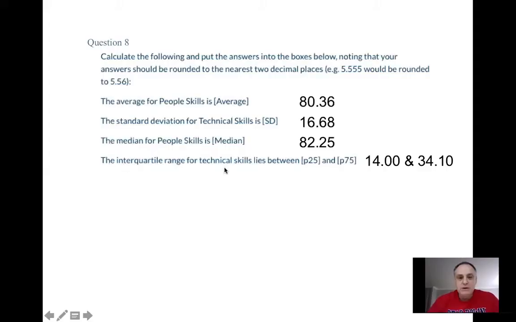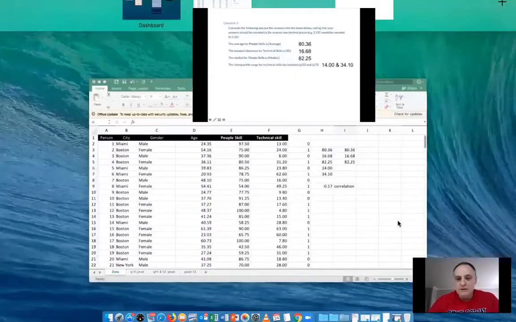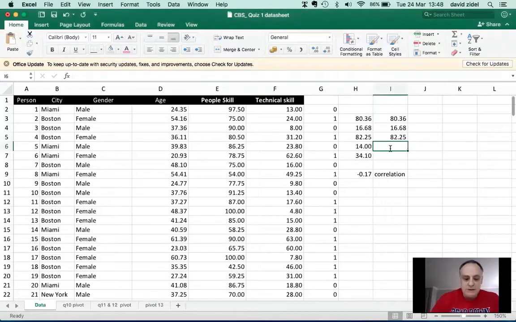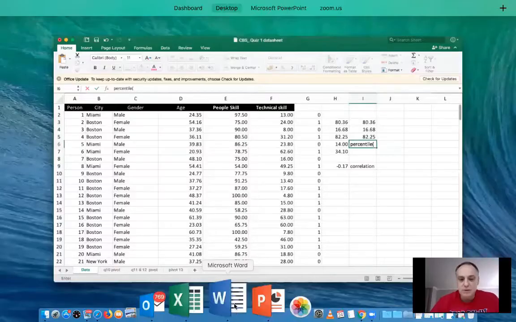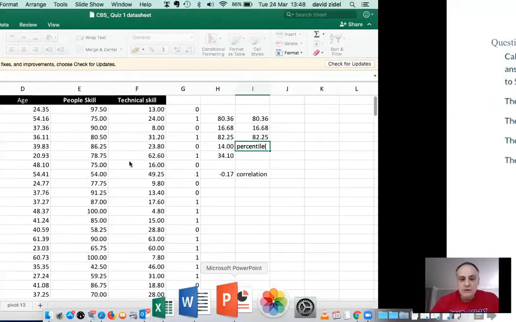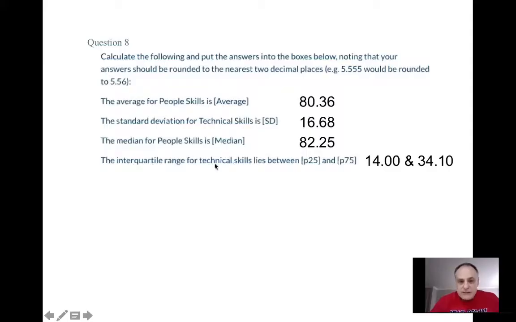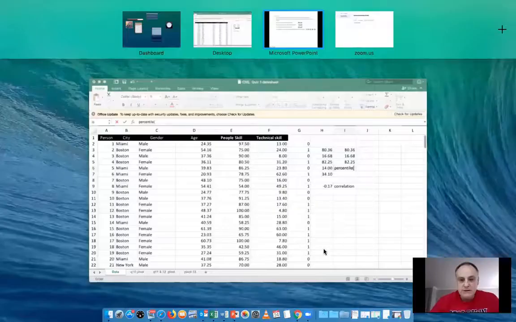Next one, the interquartile range for technical skills lies between the 25th percentile and the 75th percentile. The formula you need is percentile. We're looking for the interquartile range for technical skills, so let's go back to the spreadsheet.